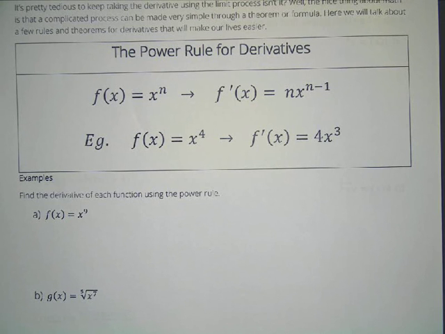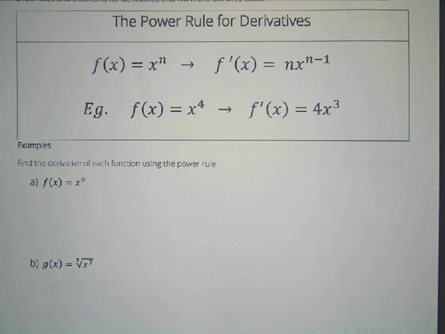So rather than going through that whole limit process, what we can instead do is, for instance, if we have a function x to the n power, to find the derivative, all we have to do is take the derivative, put the n in front, and then subtract 1 from the exponent, and boom, you have your derivative right there.